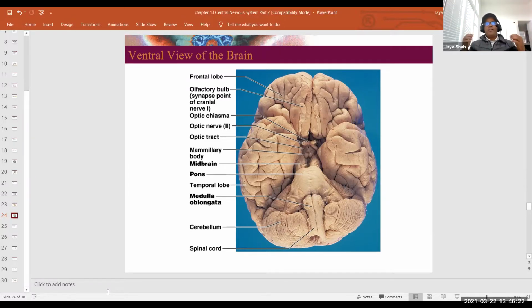Like when you see something and you get a very heightened emotion, this is due to the superior colliculi. When you hear something and you immediately move your head towards it, that is the auditory reflex.